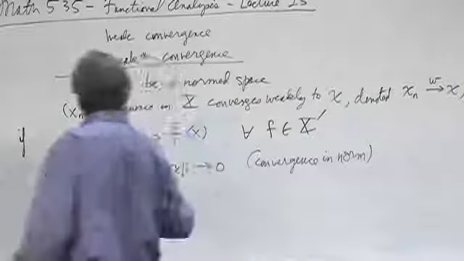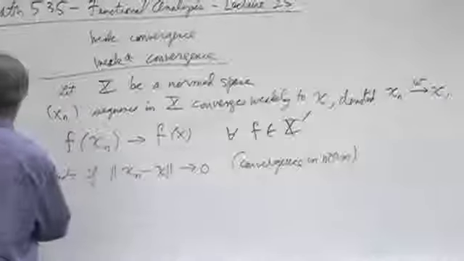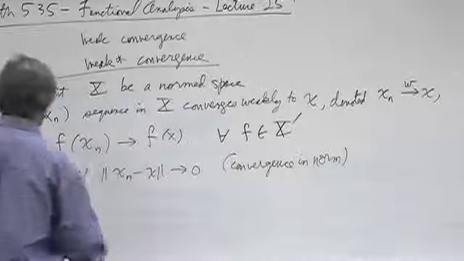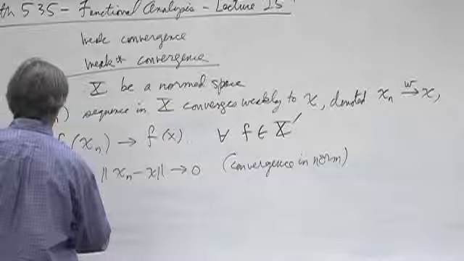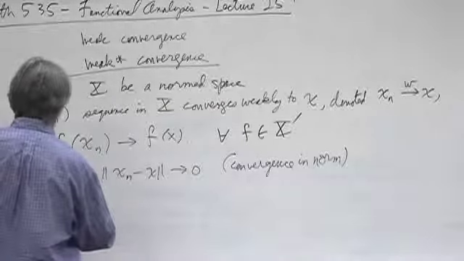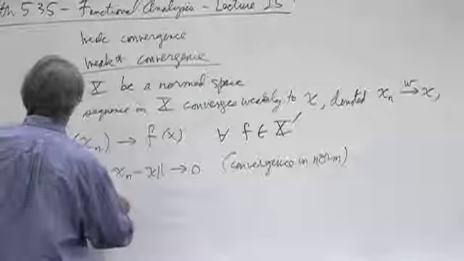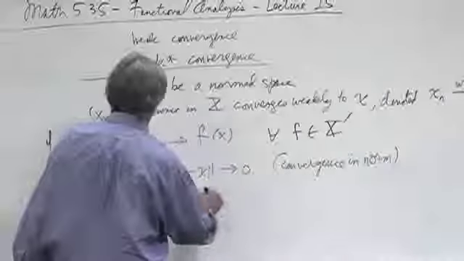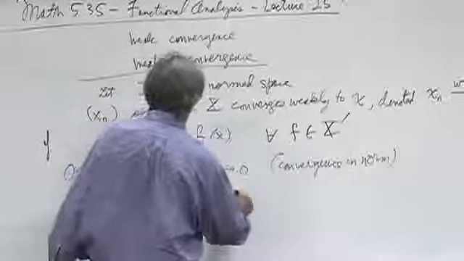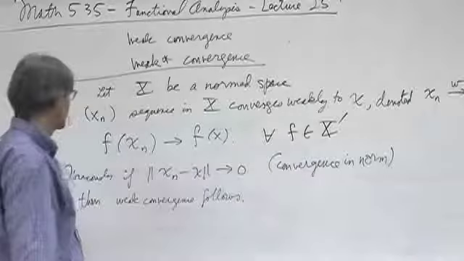Okay, if you get the norm convergence, then weak convergence follows, simply by using the norm inequality.